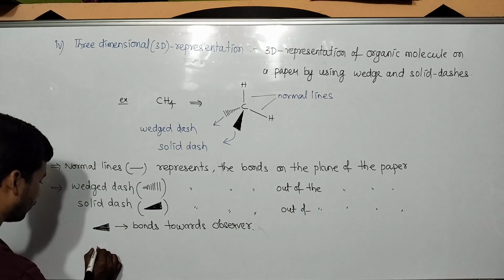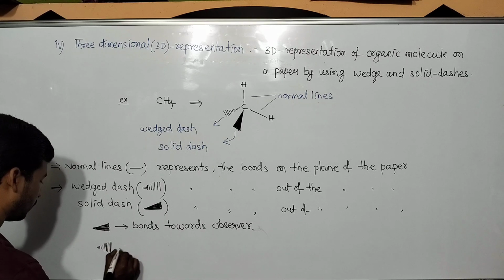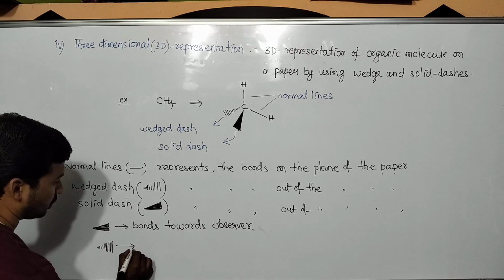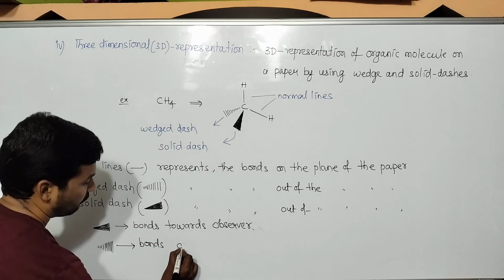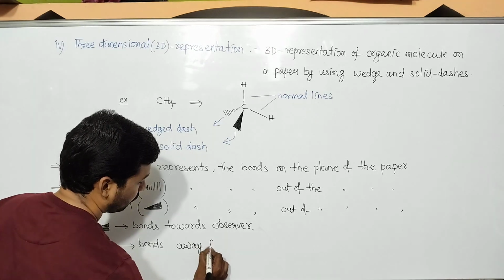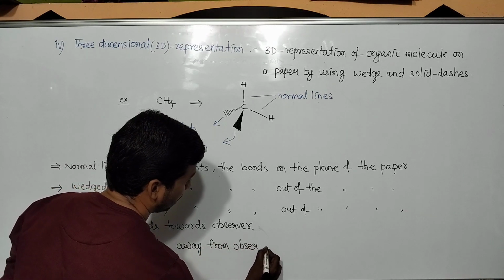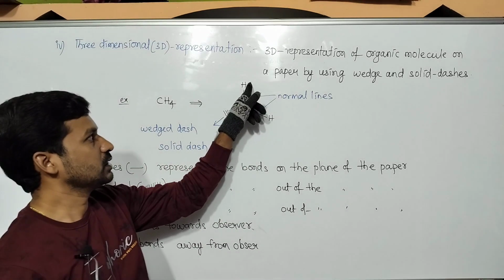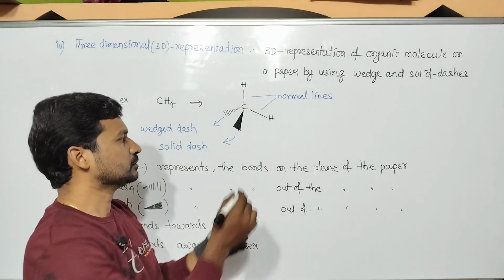Next, these are bonds away from the observer, out of the plane, away from the observer. So that means these three atoms are on the board, carbon with two hydrogen.